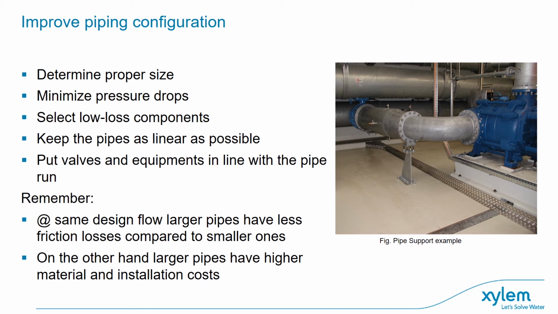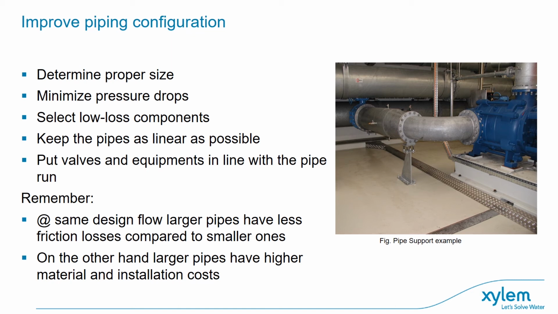Actually, one of the ways in which you can improve the system performance is determining the proper size, trying to minimize as much as possible the pressure drops along the way. The flow will face pressure drops, which should be prevented as much as possible.